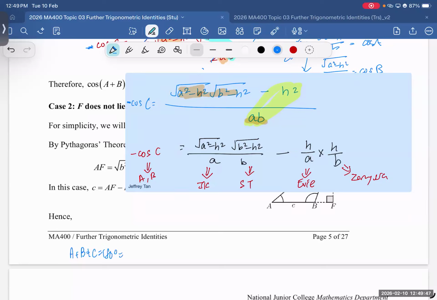So can I say that negative cosine C is the same as cosine 180 minus C? So what is this equal to? Cosine A plus B.